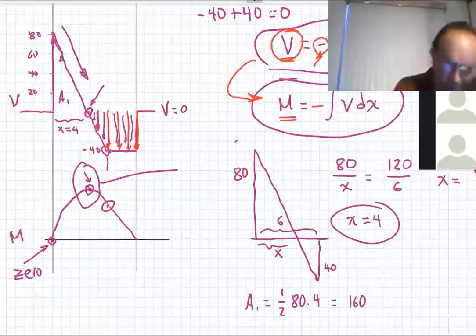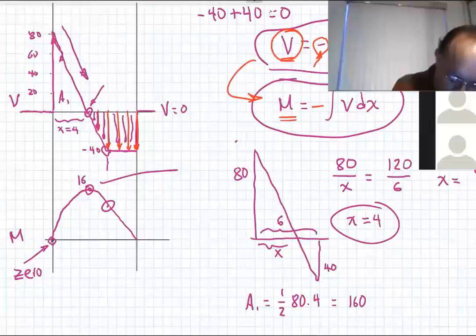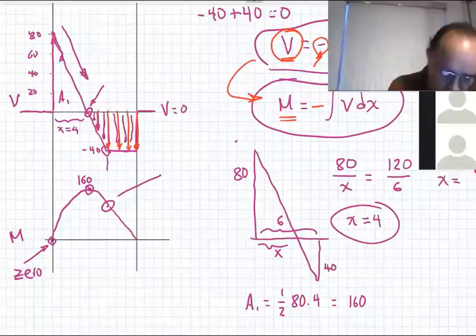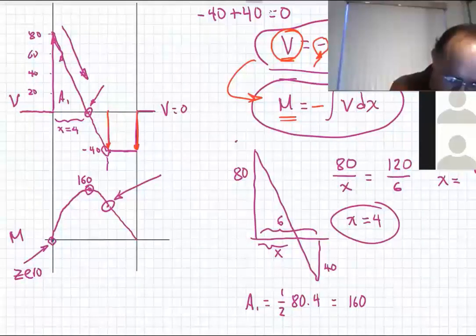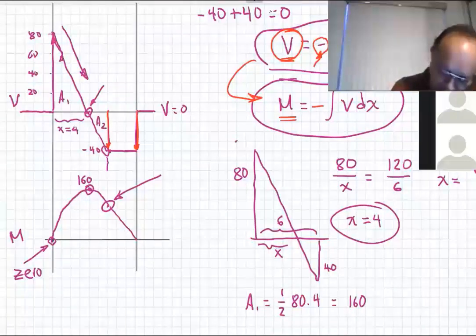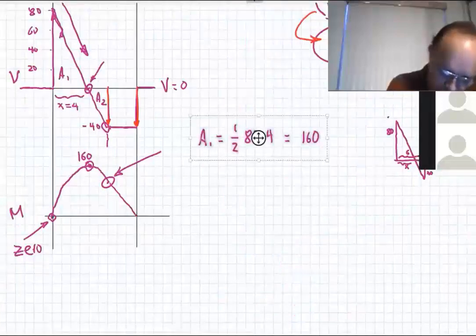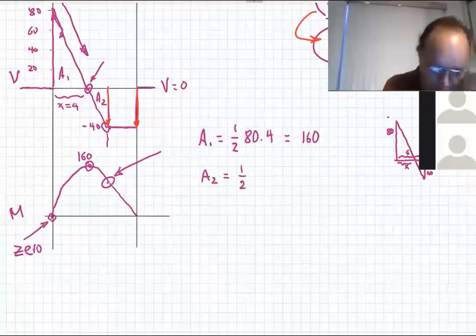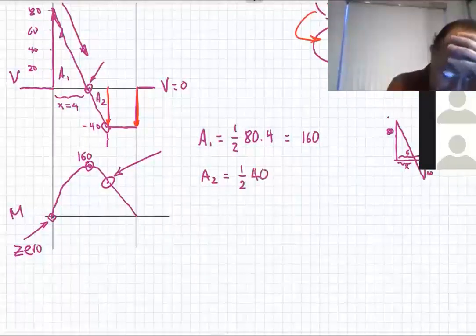So that means this value here at the peak of the moment diagram is 160 because it's 0 plus area 1, 160. Now this point right here is going to be 160 minus this, let's call it area 2. So now area 2 equals 1/2 of 40 times 6 minus 4, 2.